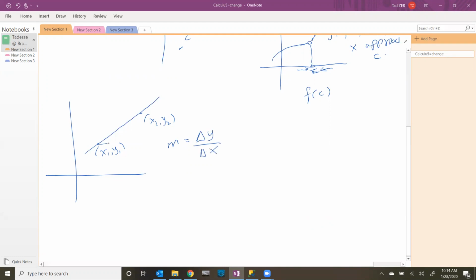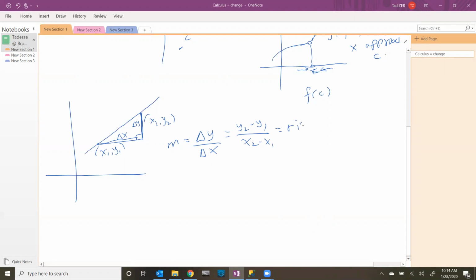If you draw a horizontal line and a vertical line, this is what we call the change in y. So the change in y is y2 minus y1, divided by the change in x, which is x2 minus x1.